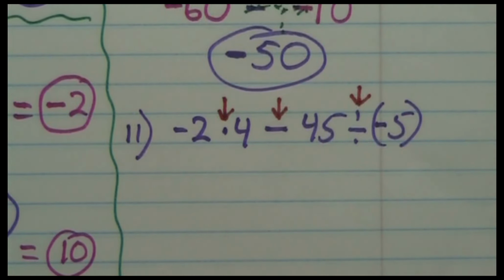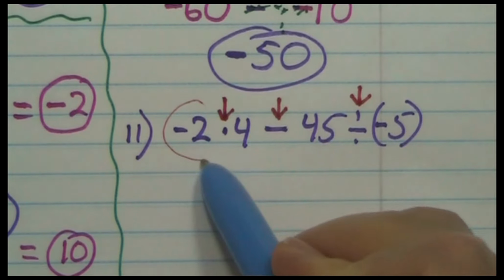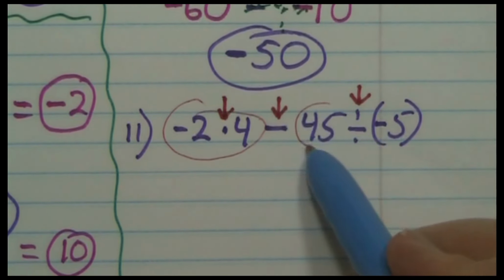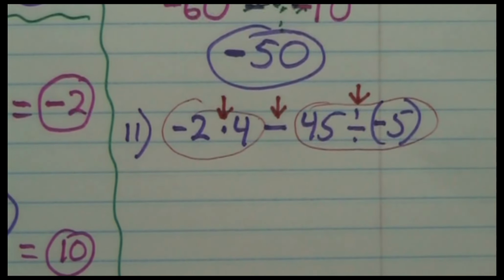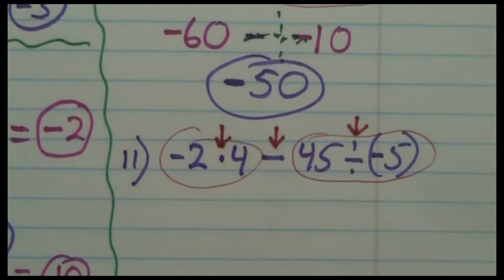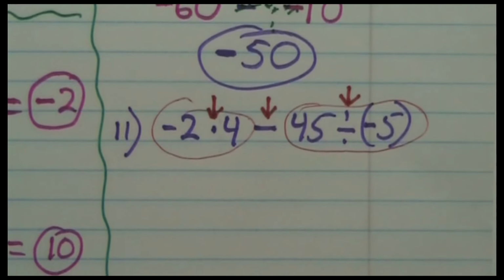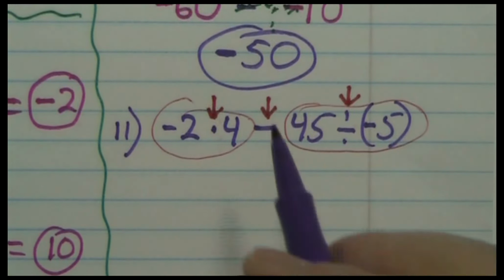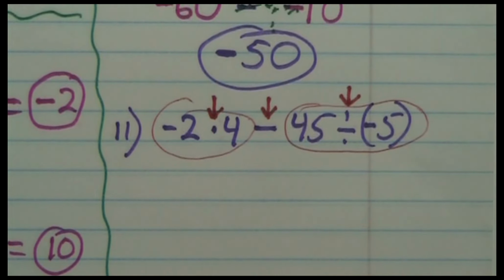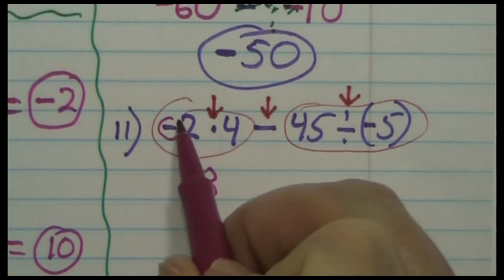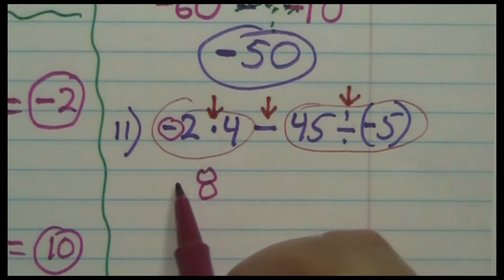So what we'll do is this one first, minus, and then we have this second. So let's see, we have negative 2 times 4. 2 times 4 is 8. There's one negative sign. When multiplying, you count the negatives.